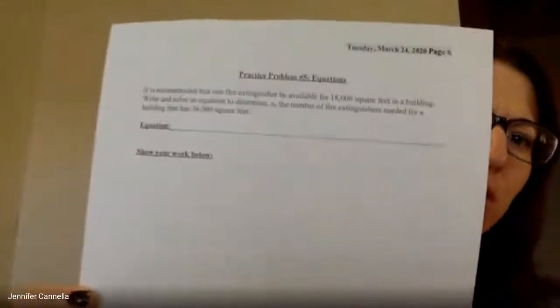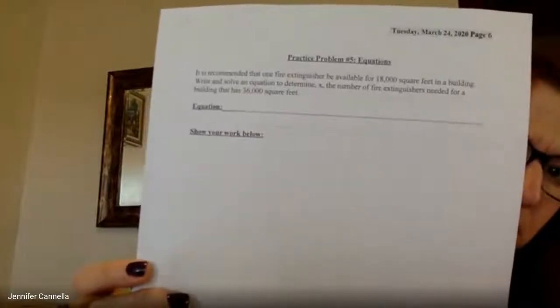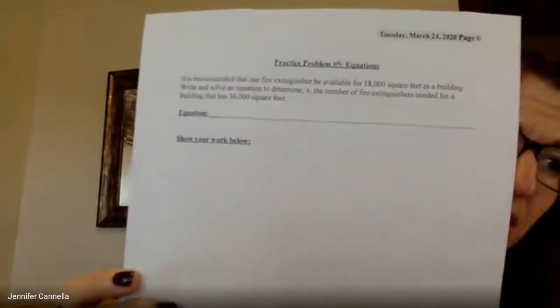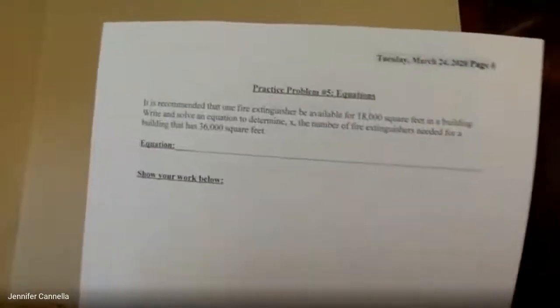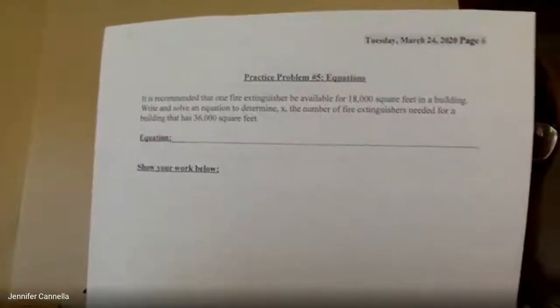Can somebody read me the question? Anelina, are you able to see this clearly? No? Okay. So Krisdanyeliz, can you read this page that I'm showing on the screen, page 6? It is recommended that one fire extinguisher be available for 18,000 square feet in a building.